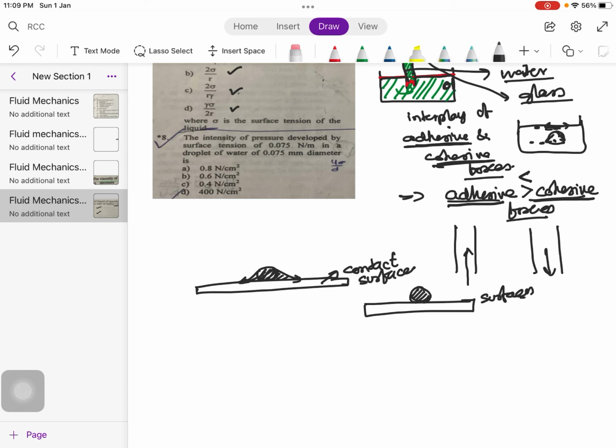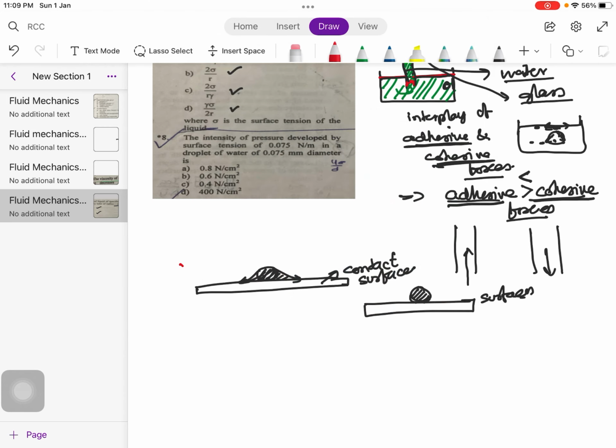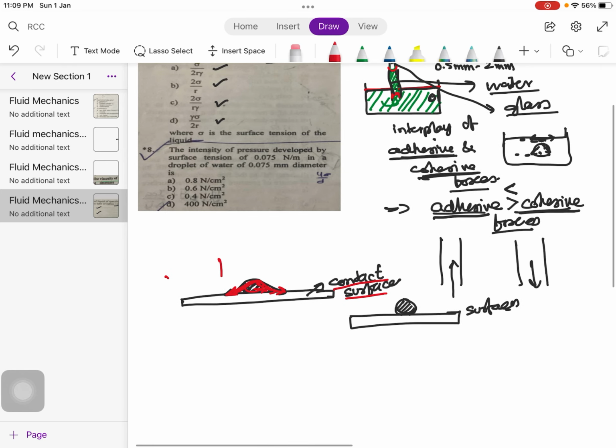If this liquid experiences an attractive force with the surface in contact, the liquid tries to spread itself over the surface. In this case, adhesive forces are dominant over the cohesive forces, that is, the intermolecular forces in this liquid droplet.